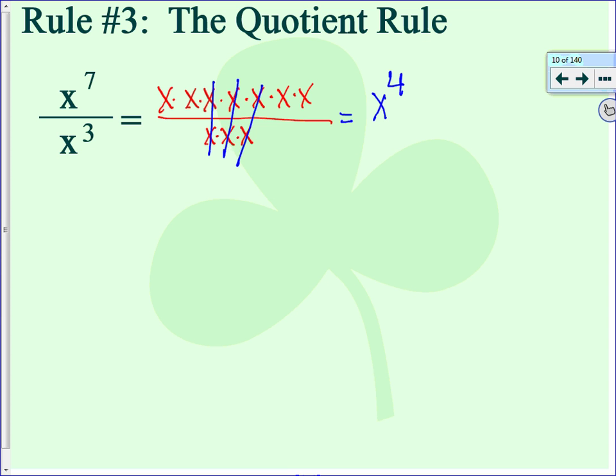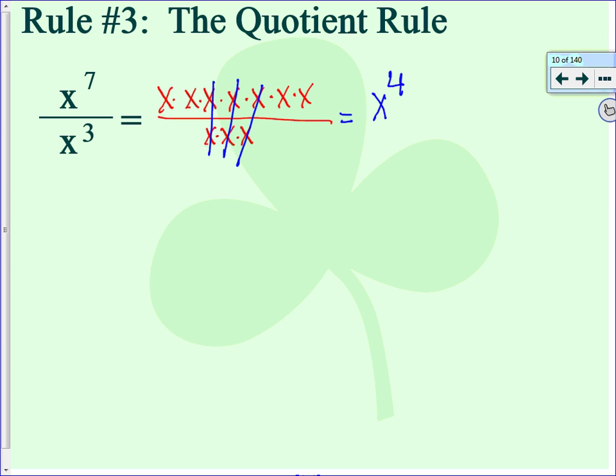And Denise, is there a quicker way that I could have done this besides writing it all out? You could have divided. So is it 7 divided by 3? I mean, it's not subtract. Subtract, yeah. See, that's where you are dividing, but to accomplish dividing in exponent land, you subtract.